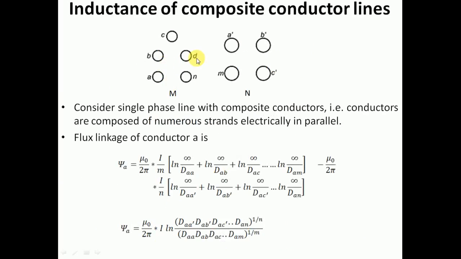In actual practice, this conductor M consists of small m subconductors which are connected in parallel. So if you know the inductance value of a single conductor, then the total inductance value can easily be found by dividing the inductance of a single conductor by the total number of conductors, which is small m here.